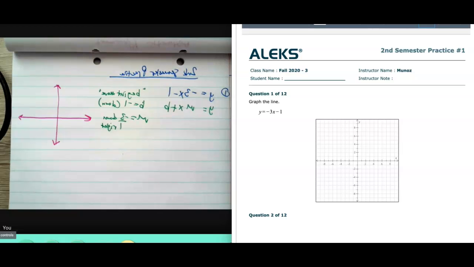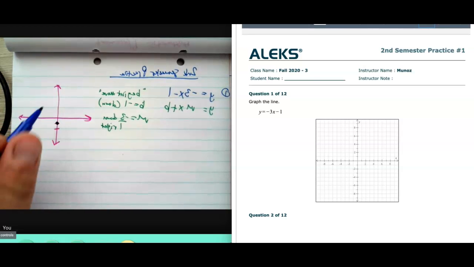So I can begin at negative 1, which is down 1, and then my movement from there is down 3, right 1, so down 1, 2, 3.